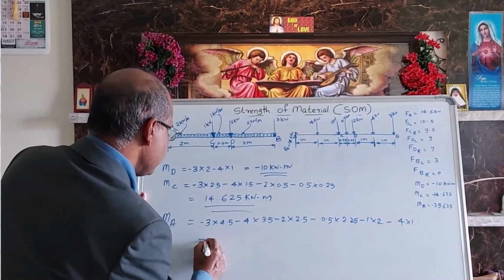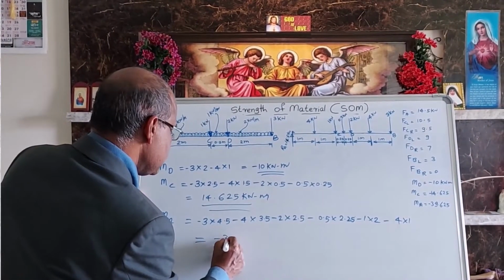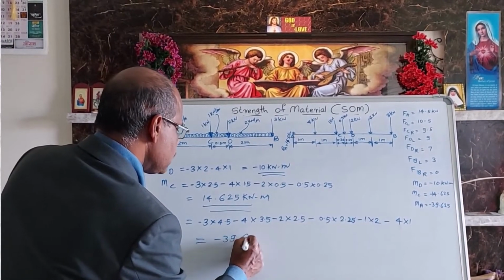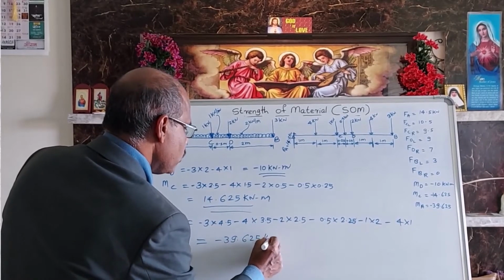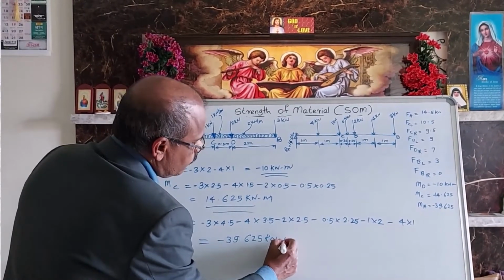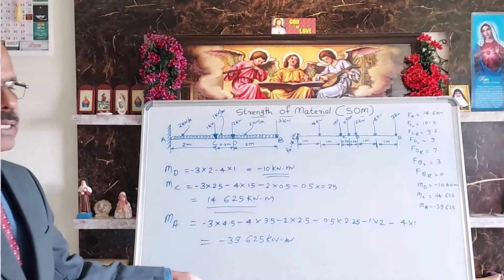So the answer we are getting here is minus 39.625 kilonewton meter.